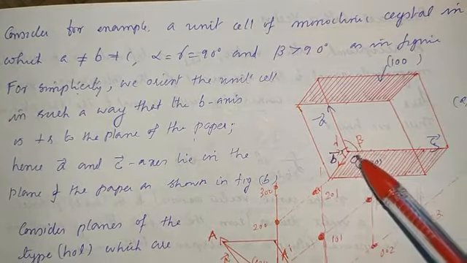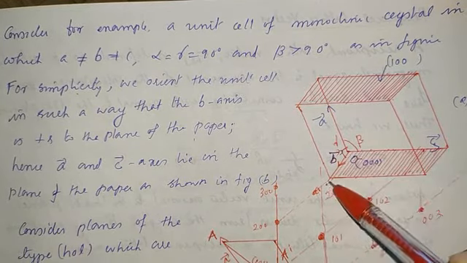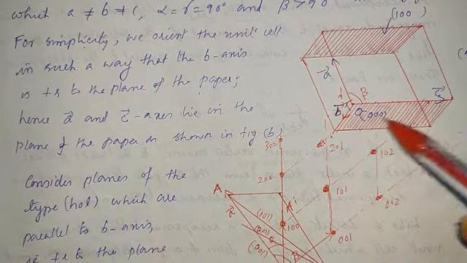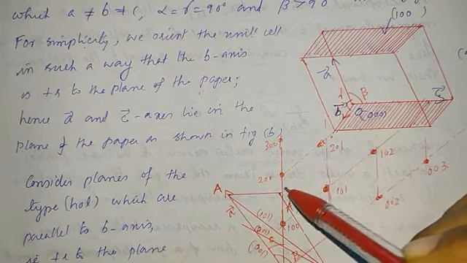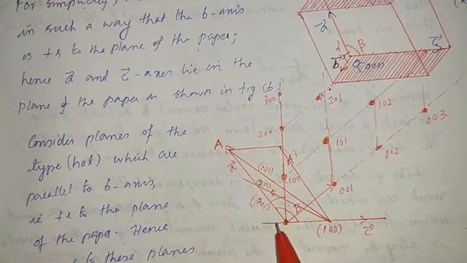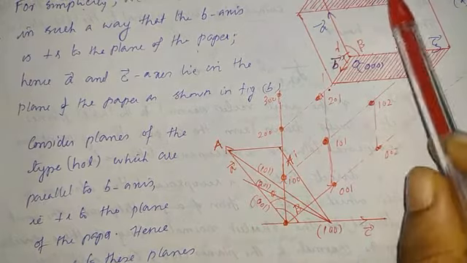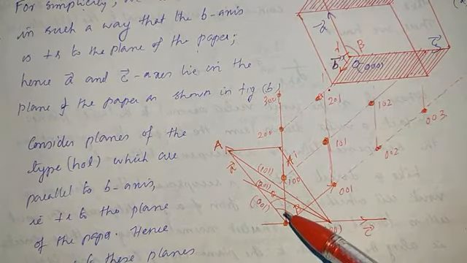So this is the a axis, this is the c axis, and the b axis is perpendicular to this. We are representing these planes by these lines. These lines represent these planes, and this represents these planes.